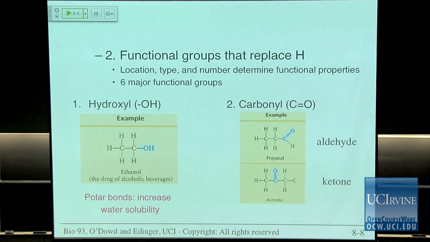The oxygen, remember, is going to hog the electron, so these also are polar bonds, and so this increases the water solubility. So if you see molecules with carbonyl functional groups, you know that if they have a lot of them, they will probably be soluble in water.